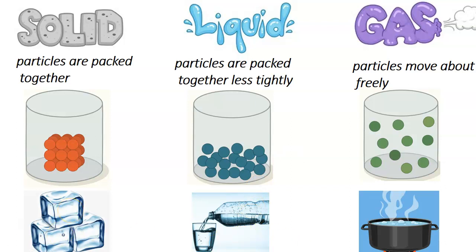However, Mr. Liquid decided to look different. The particles in it are packed together, however less tightly. It feels like they are not hugging each other anymore, but they are dancing around each other, just like in a glass of water. The third one, Mr. Gas, is totally different.